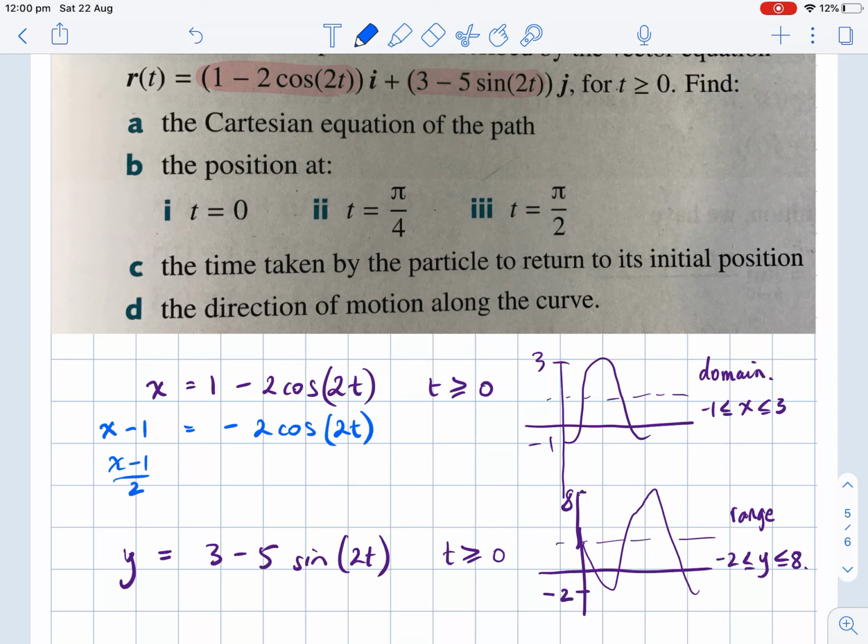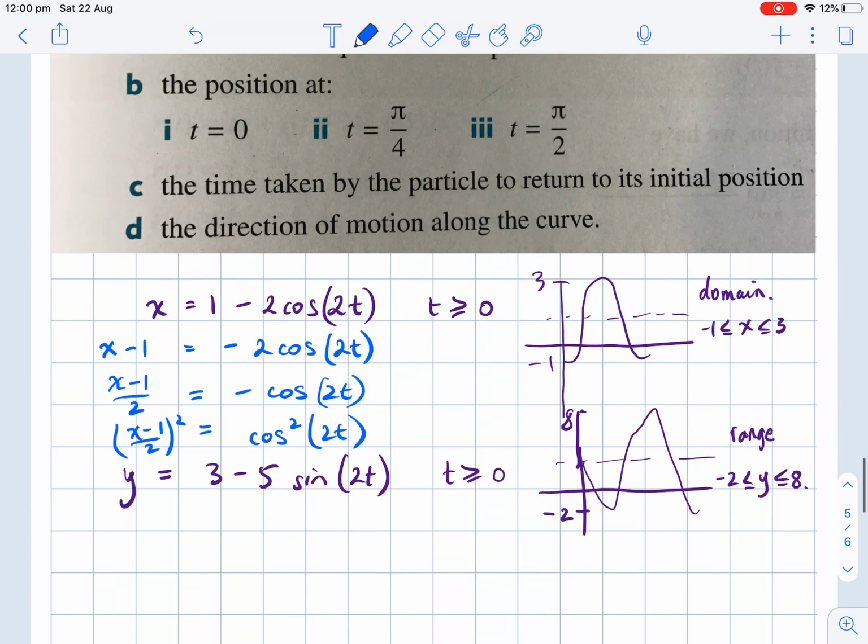So it's x minus 1 divided by 2 equals negative cos 2t. And then I'm going to square both sides. And when I square a negative, it becomes positive. So there is my expression for cos squared.